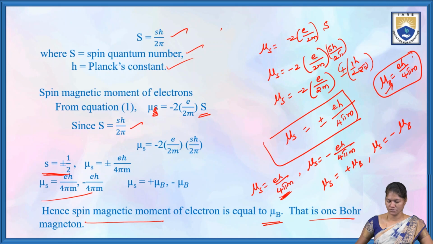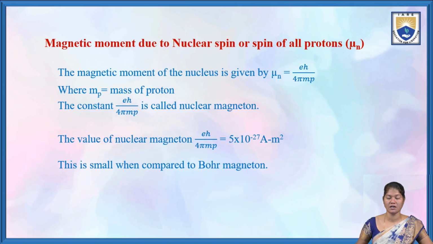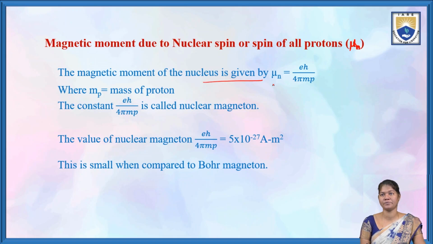Okay, so this is about the spin magnetic moment of electrons. Next, coming to the magnetic moment which arises due to the spin of nucleons, that is nuclear spin or spin of protons: the magnetic moment due to nuclear spin, mu n. The magnetic moment of the nucleus is mu n equal to eh by 4 pi mp, where mp is the mass of the proton.